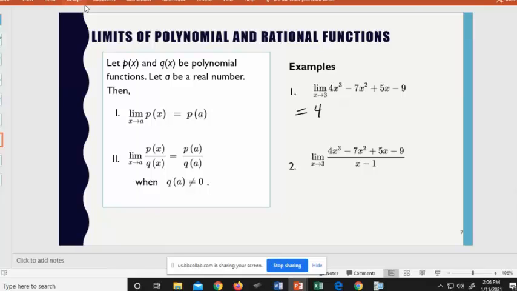So it's 4 times 3 cubed minus 7 times 3 squared plus 5 times 3 minus 9. That looks like my last step in that last example. And all together, we totaled that to just be 51.